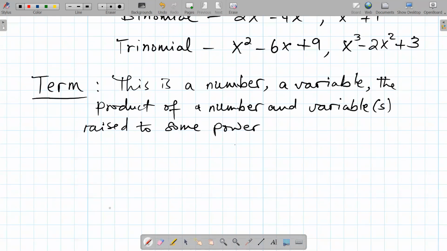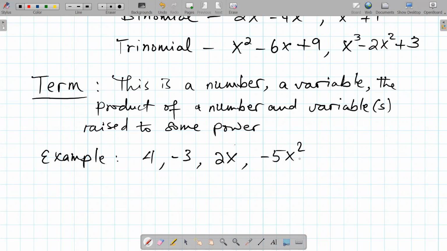So examples would be: if you have 4, if you have -3, if you have 2x, if you have -5x^2, or you could have 6xy^2.